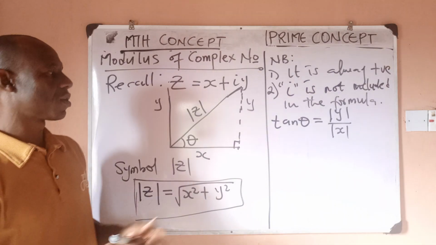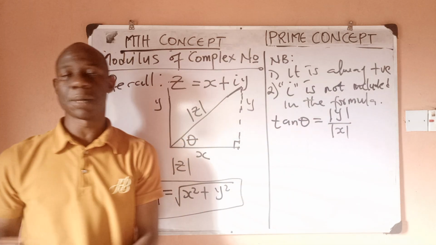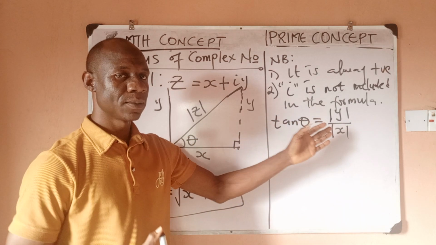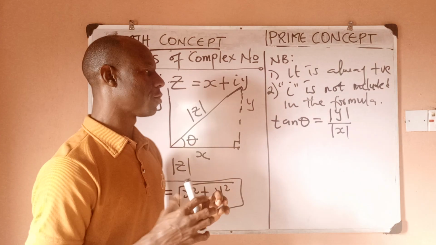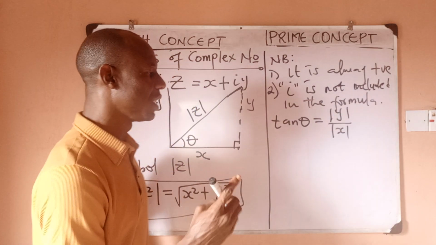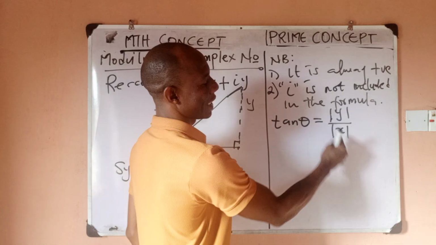Why am I using this? Because I'm dealing with the first quadrant, so these two quantities are positive. We'll be using this to find the argument, so that at the end we can determine which quadrant the complex number falls. That is why we'll be using the absolute value. When we want to find this, we'll always take the absolute value of y and x.